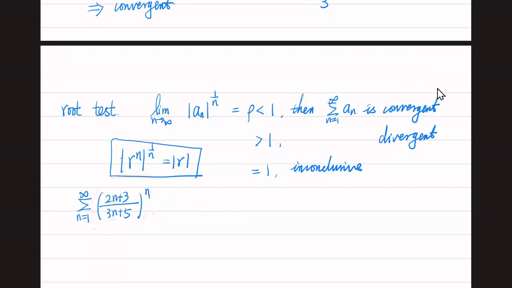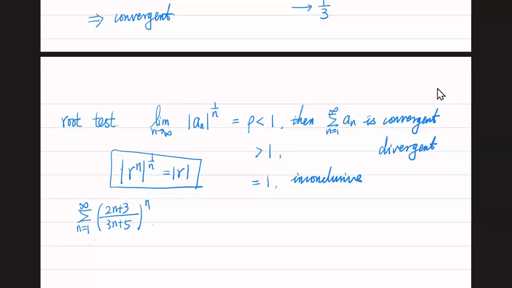But if we try the root test, what's the nth root of this term, the whole thing?